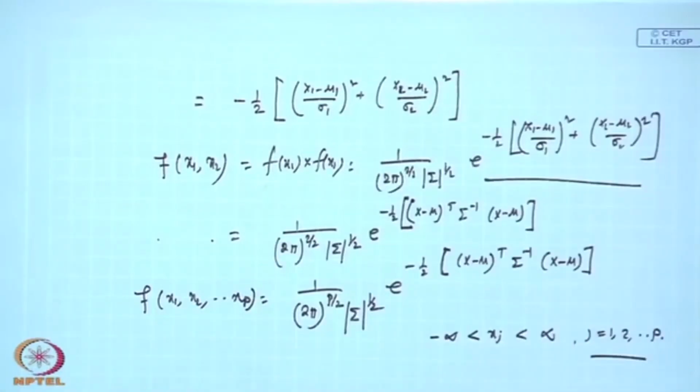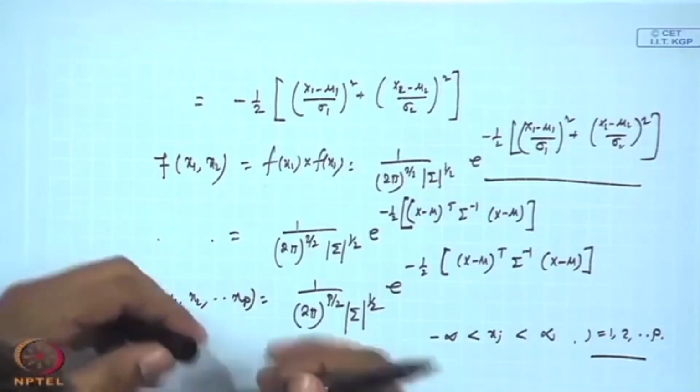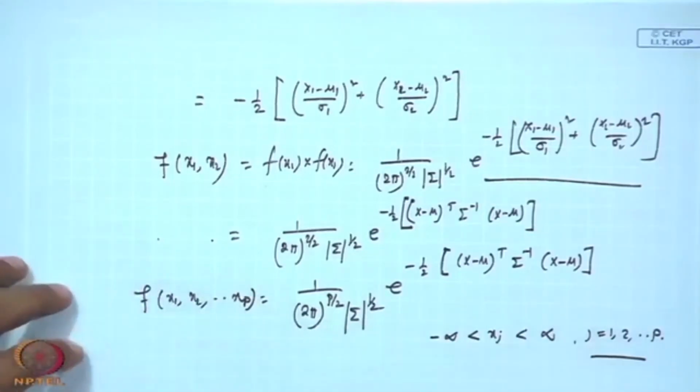This is our multivariate normal distribution. We say the multivariate normal density function is defined.